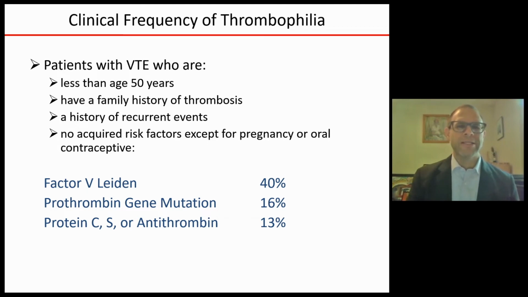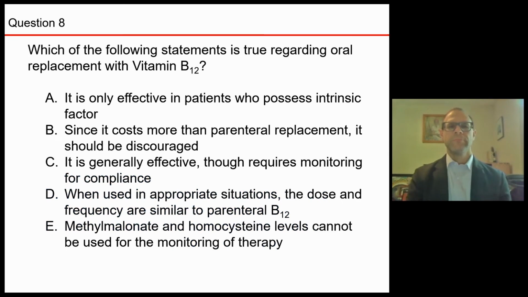But if the clot is happening in somebody with a family history or a recurrence of clots at a young age, perhaps during pregnancy or on birth control, we would consider testing these.